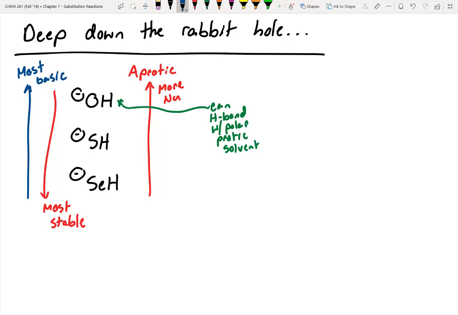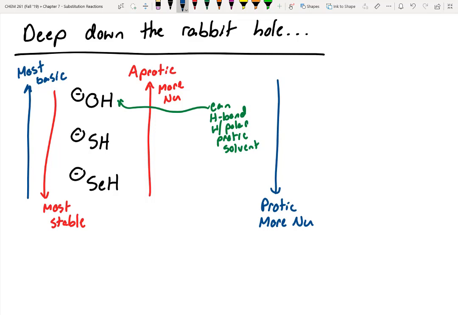So in fact, we observe an opposite trend on the other side, where this would be protic, and this would be more nucleophilic. So nucleophilicity can actually change depending on what solvent you're in. If you're in an aprotic solvent, we prefer really unstable small nucleophiles.